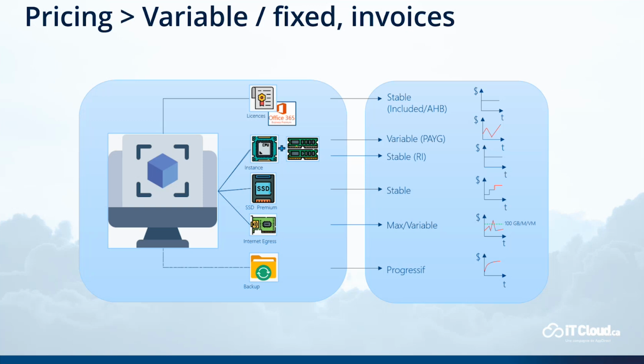What's next? The network, the NIC, could be variable, and we have a max cap. Remember in the past, with our mobile phone telecom provider, we had, I don't know, 100 minutes per month, and it was 10 cents per minute over that per month. So it is exactly the same thing. Each server from Azure's perspective has 100 gigs per month of egress data.